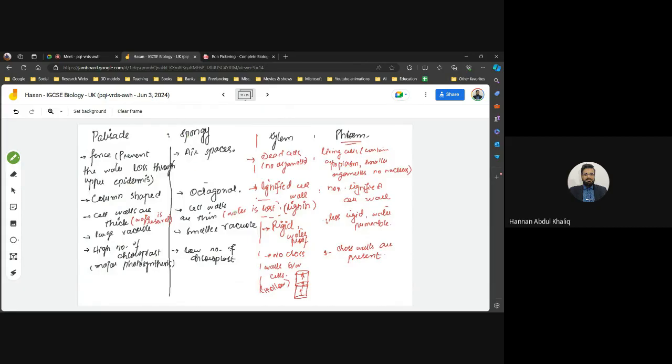One thing I told you is that water is lost from the spongy mesophyll. You can say that spongy mesophyll cells are responsible for loss of water through stomata. What is this process called?